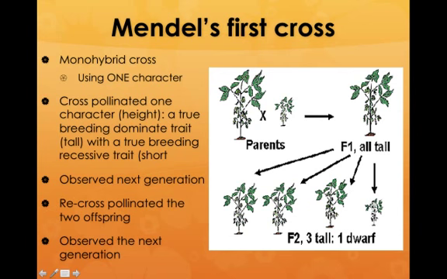So when this organism was mated with another organism similar in the F1, it resulted in some organisms having the short phenotype.